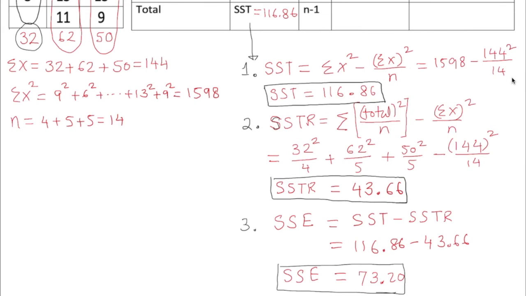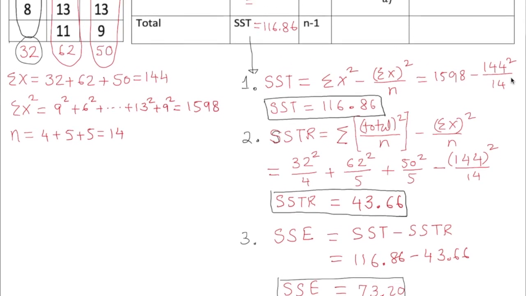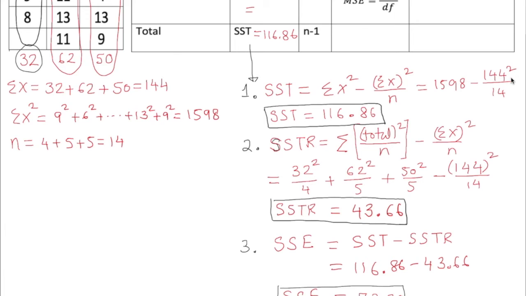So we have pretty much everything here. As I see, that is my SSE, 73.20, right on top here. And SST is coming from the very first one here.